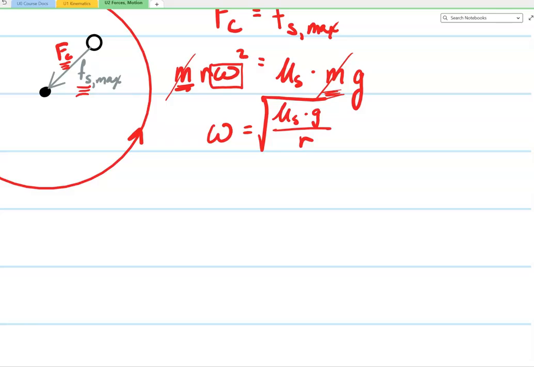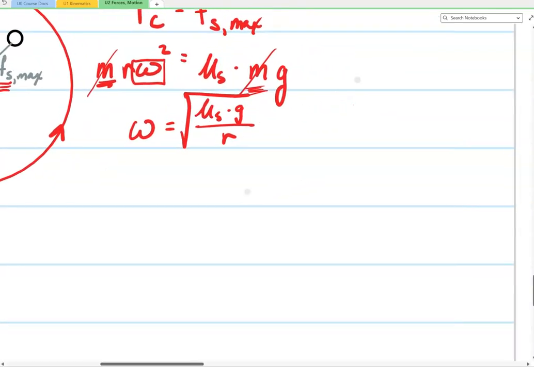So it doesn't matter if we're using a small coin or a giant steel weight in a similar situation, as long as they're the same material, I should say, that's mu s going to affect that. But it's the coefficient of static friction that affects the rotational velocity that we're about to see here, not necessarily the mass. So I thought that was kind of interesting.